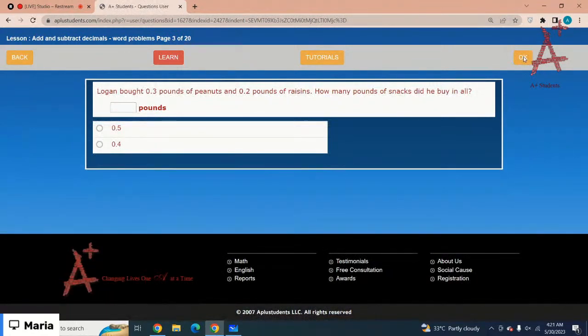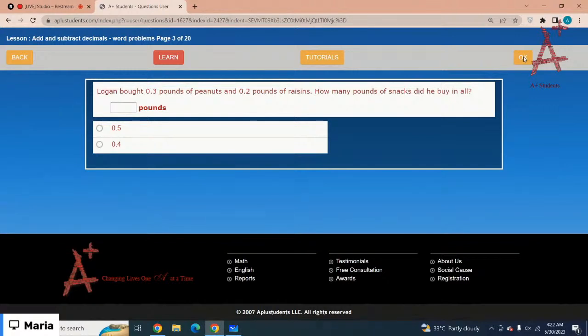Okay. Logan bought 0.3 pounds of peanuts and 0.2 pounds of raisins. How many pounds of snack did he buy in all? So that would be 0.3 pounds of peanuts and 0.2 pounds of raisins.